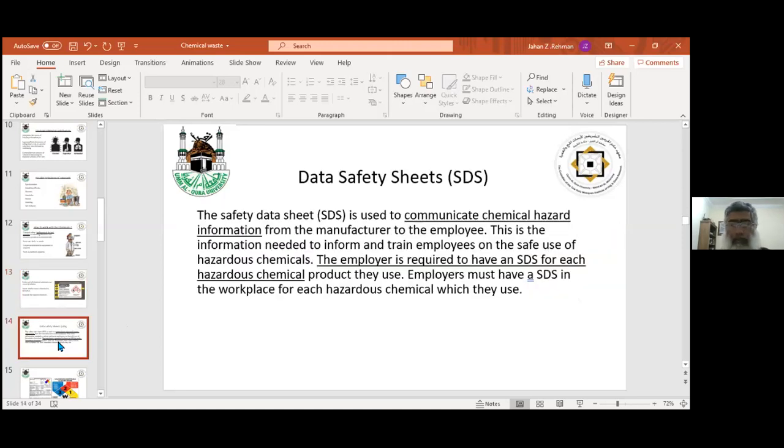Another very important thing, that is why I made a separate slide for it, is SDS, or safety data sheets.